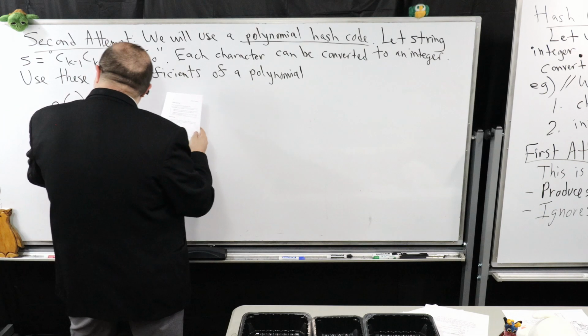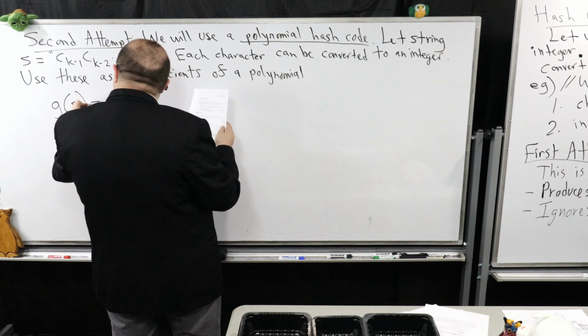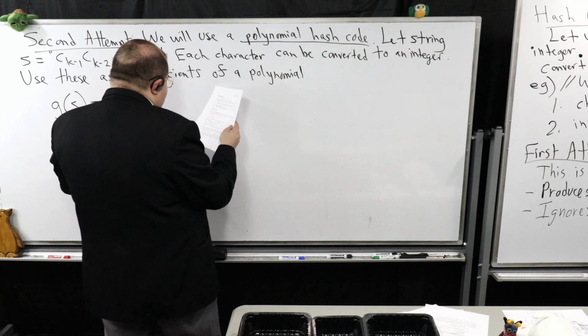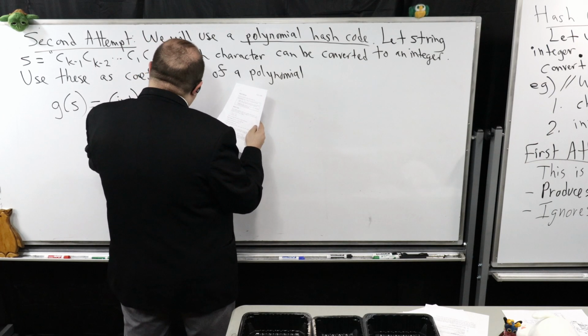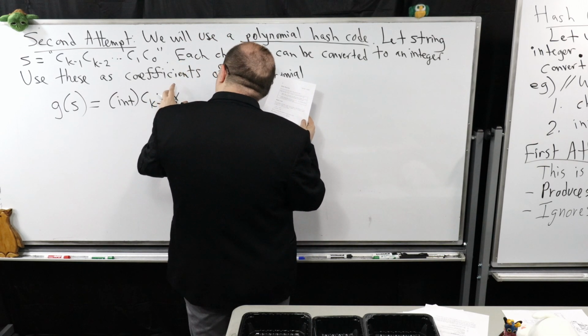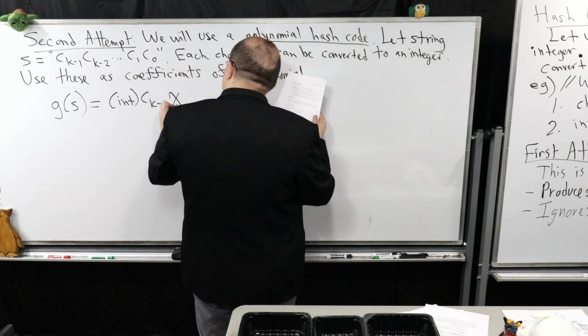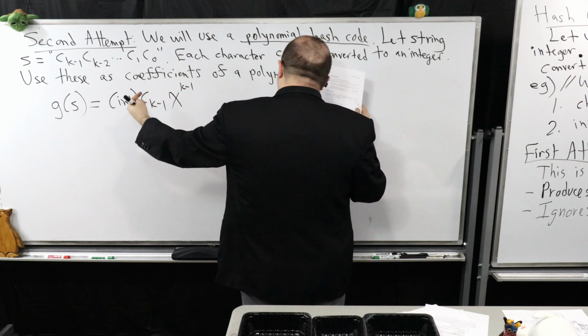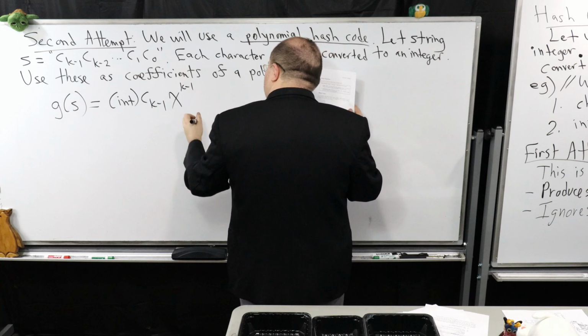It takes in a string s. So this is what the hash code looks like. It's going to cast each one of the characters as a coefficient, and it's going to be taken with a value x raised to the exponent, starting at k minus 1 and going all the way down to 0.